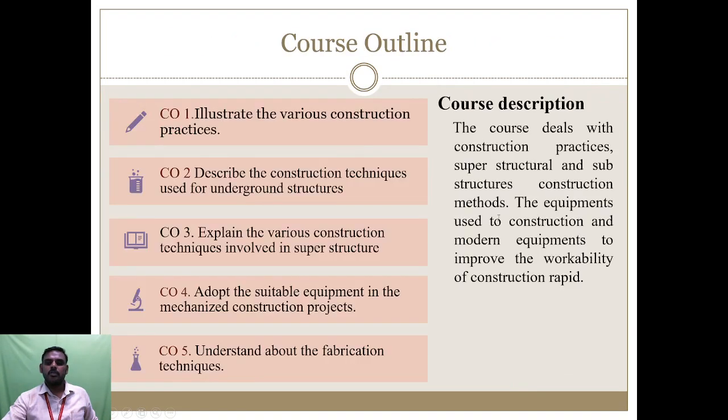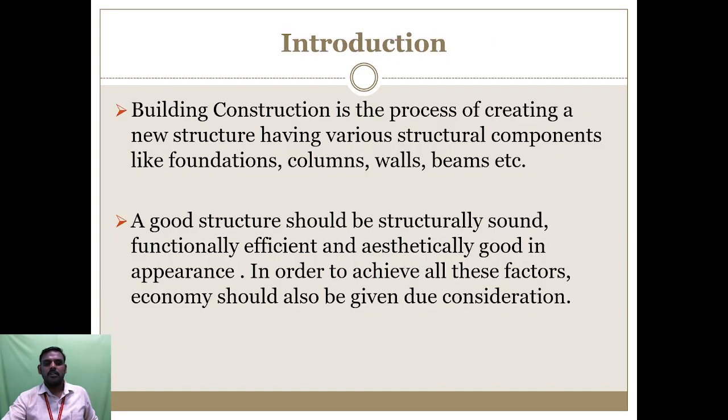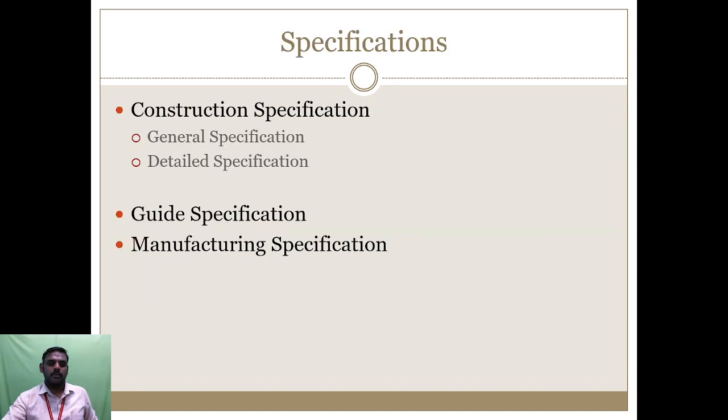Okay, I will go through the specification and sequence of construction activities one more time. The introduction: we are going to provide a foundation, columns, walls and beams. Specification is the standards we have to maintain, both for the materials and the manufacturing process.